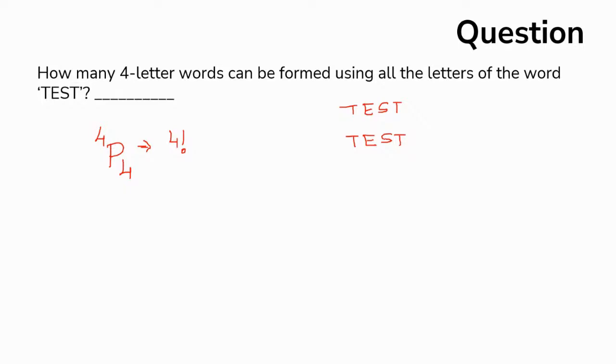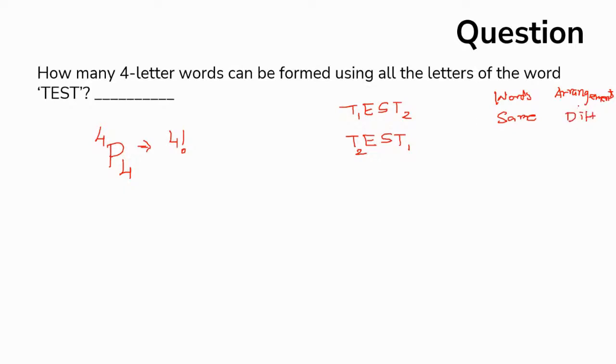Both the words are the same. But whenever I go in terms of arrangements, is it the same arrangement? Think of this scenario, guys. First T and second T, and then second T and first T. So arrangement-wise, it is different.